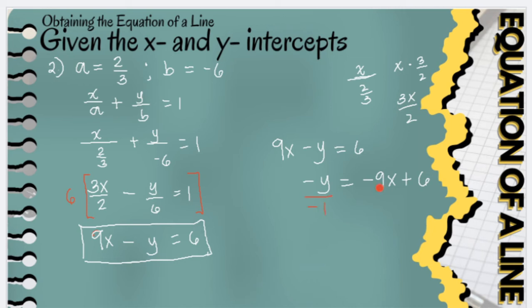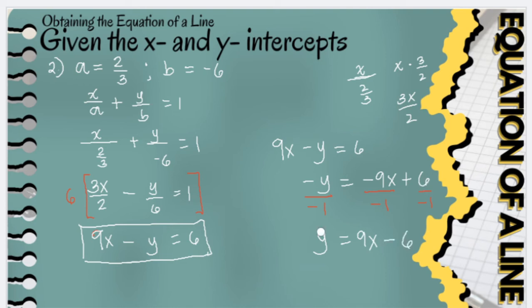So, we divide each term by negative 1. Now, negative y divided by negative 1 is positive na, diba? The negative and negative, this will be positive. So, that will be y equals 9x, and then this will be minus 6. Okay?